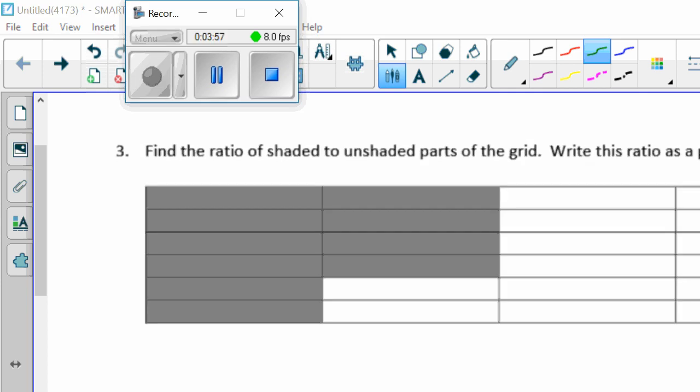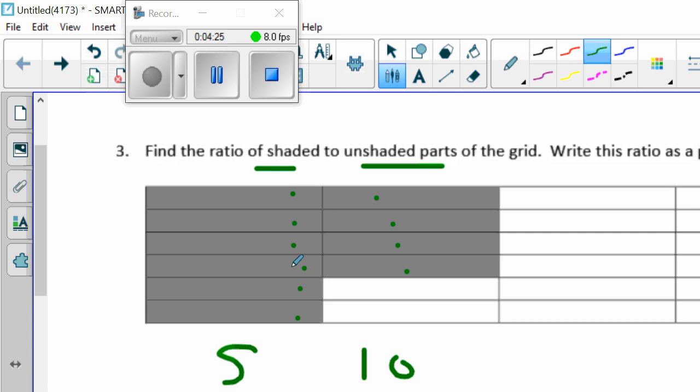Number 3 wants you to find the ratio of shaded to unshaded. Be careful when you're reading these because it could have asked us shaded to total, or unshaded to total. It can always bounce it around. So just make sure that you're paying close attention to the pieces that you're actually doing. Let's count our shaded: 1, 2, 3, 4, 5, 6, 7, 8, 9, 10.